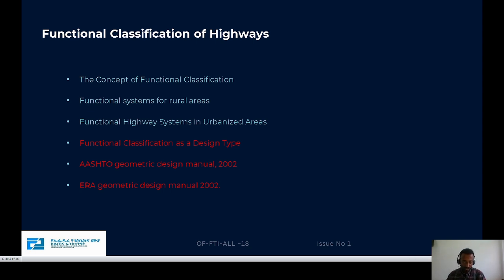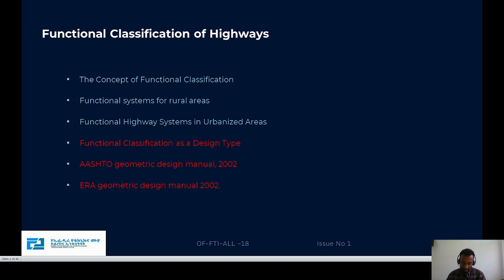We classify the roads in different ways. For example, in AASHTO we divide the roads into four main parts. The first is interstates, freeways and expressways in one group, and the second group is arterial roads. The third is collector roads.